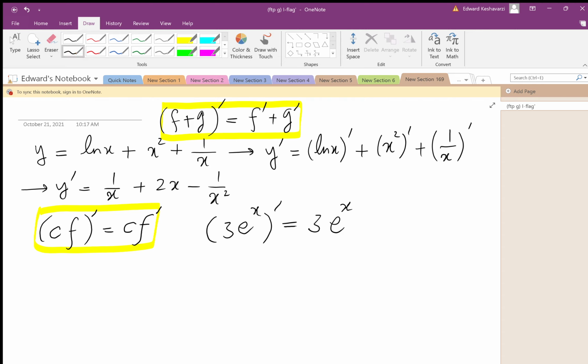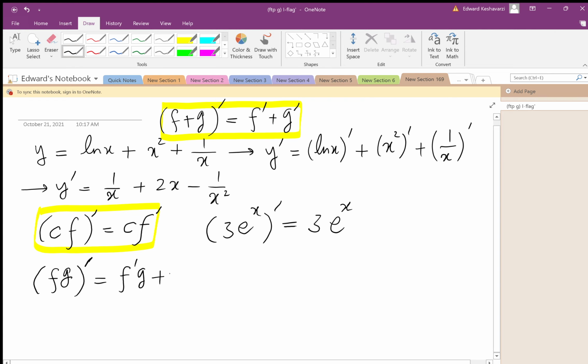So now we'll talk about the product rule. How are we going to differentiate f times g? It's not simply f prime times g prime. It's a complicated one. It's f prime g plus g prime f.